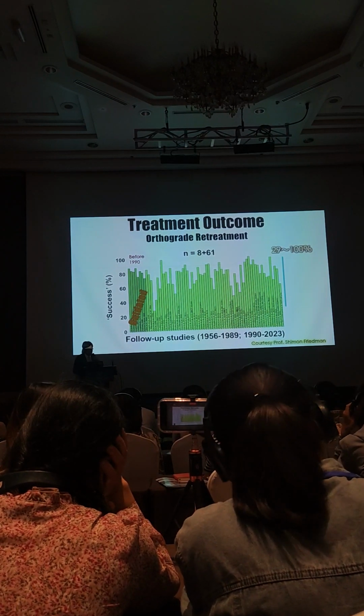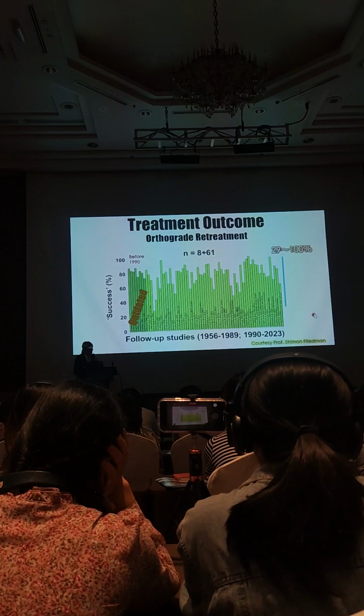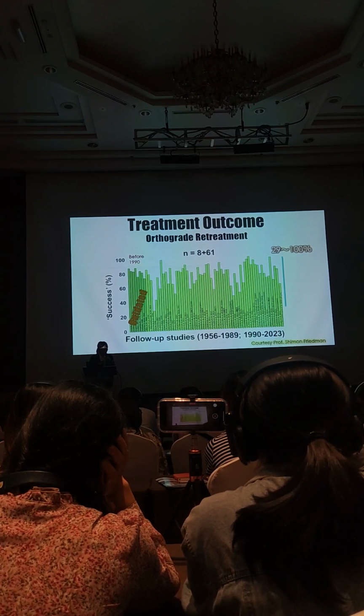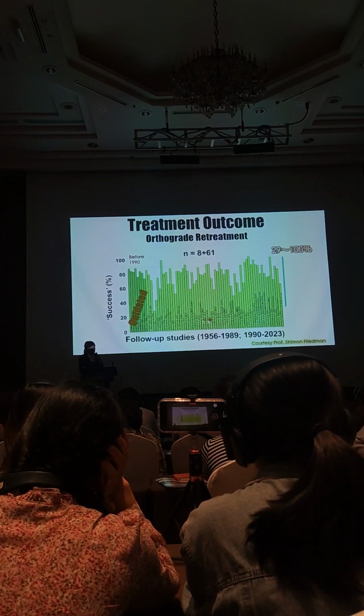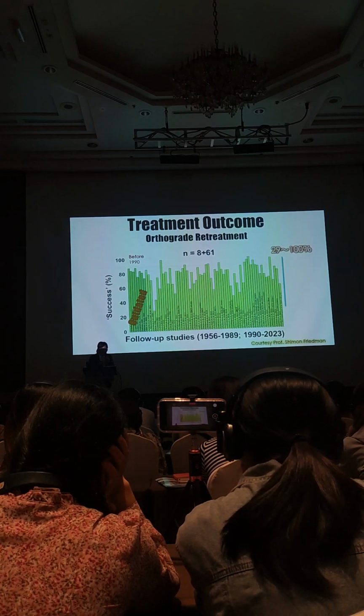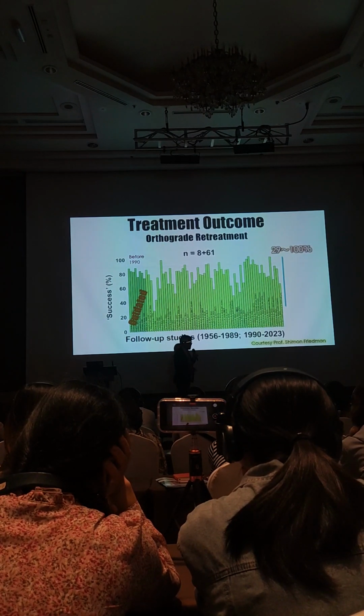So this is the treatment outcomes. There are 69 studies on the outcome studies. But anything before 1990 are outdated, because they didn't use a microscope, they didn't use the MTA.